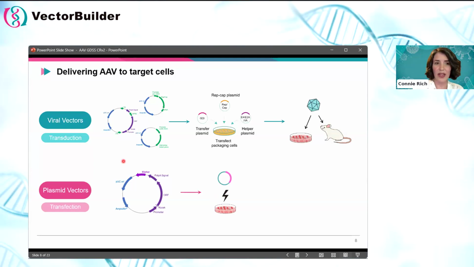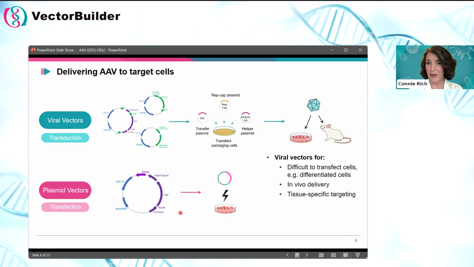Now, there are times when these non-viral approaches are preferable. If you have easy to transfect cells like HEK cells, for instance, like we see right here, or CHO cells, or if you have a really, really large transgene, because plasmids can carry upwards of 30 kb very easily, or if production costs are a major concern, then non-viral vectors are a good option.